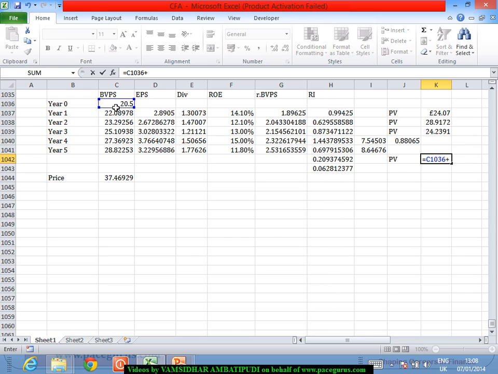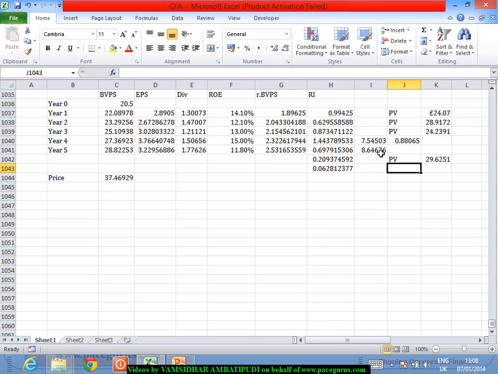Now based on this, I can find out the present value: the book value of share plus the NPV for the first 5 years at the rate of 9.25%, plus the value from the 6th year onwards, divided by 1.0925 to the power 5.